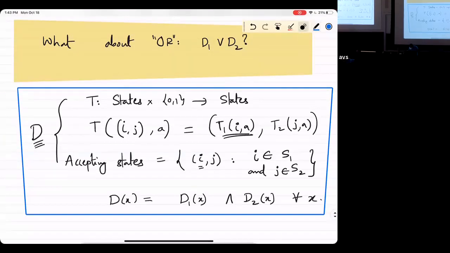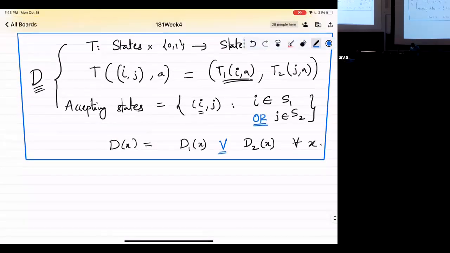So the only thing I need to change, as exactly guessed, is the set of accepting states. Okay. So DFAs are closed under taking the OR operation too.